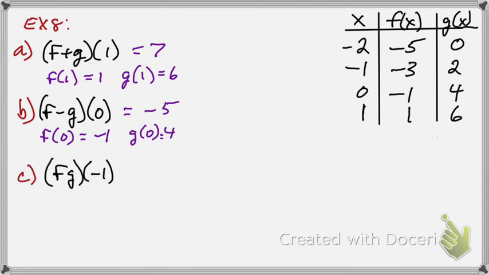All right, so we're going to evaluate at -1. So f of -1 equals -3. G of -1 equals 2. -3 times 2, -6. Y'all seen how it works?